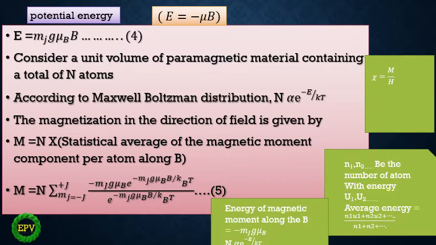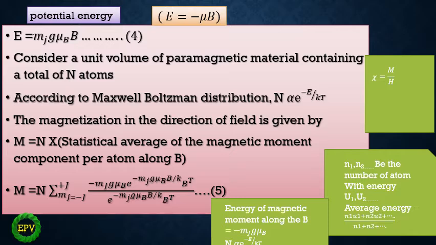Here, the energy of the magnetic moment is represented by minus mj g mu b, and the number of atoms is represented by the second term, that is e raised to minus mj g mu b B by kT. Here one doubt will arise: where is the B in the energy expression?